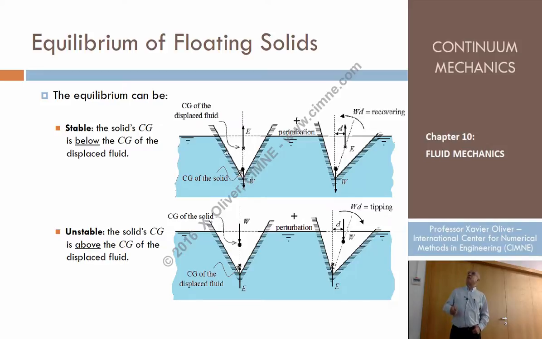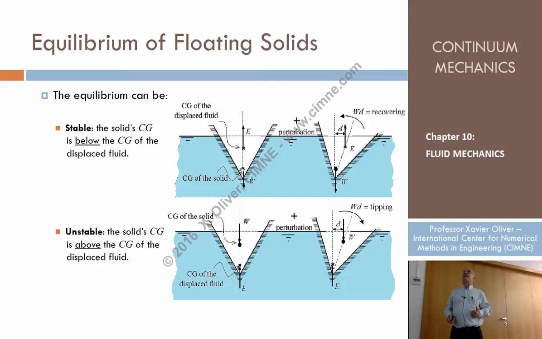What are the other forces that are acting on the ship? Well, the weight of the ship and everything that is inside. And this is a force, W, which is equal to E by the first part of the Archimedes principle.